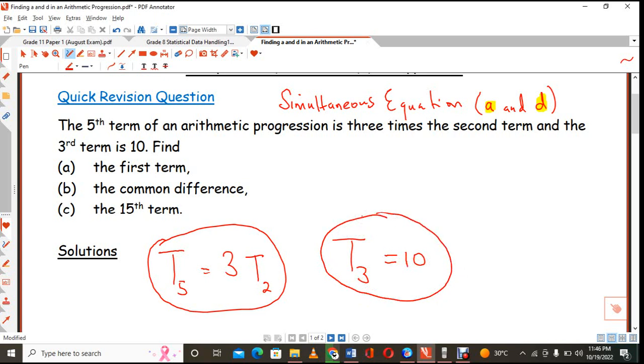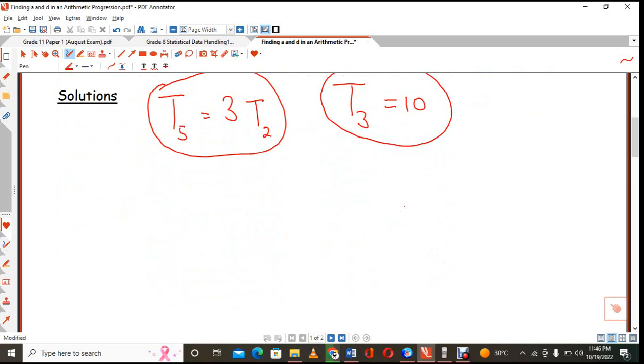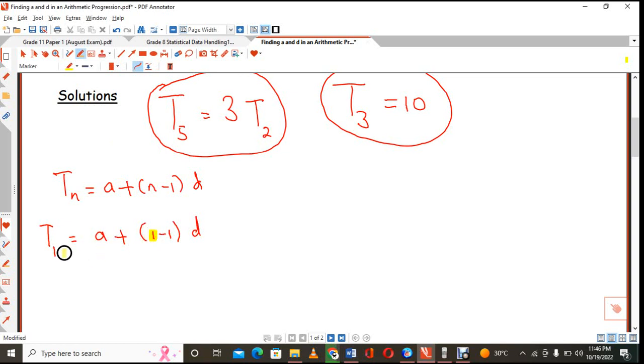Let us just quickly break down the whole thing about terms. Once I give you a sequence, using this formula here, the first term will be A plus 1 minus 1 times D, where 1 represents the first term. Don't you agree?